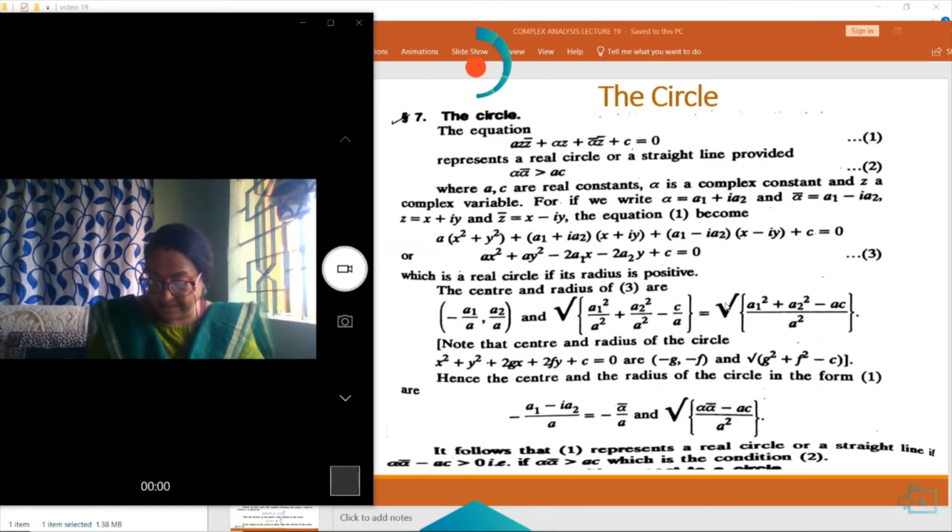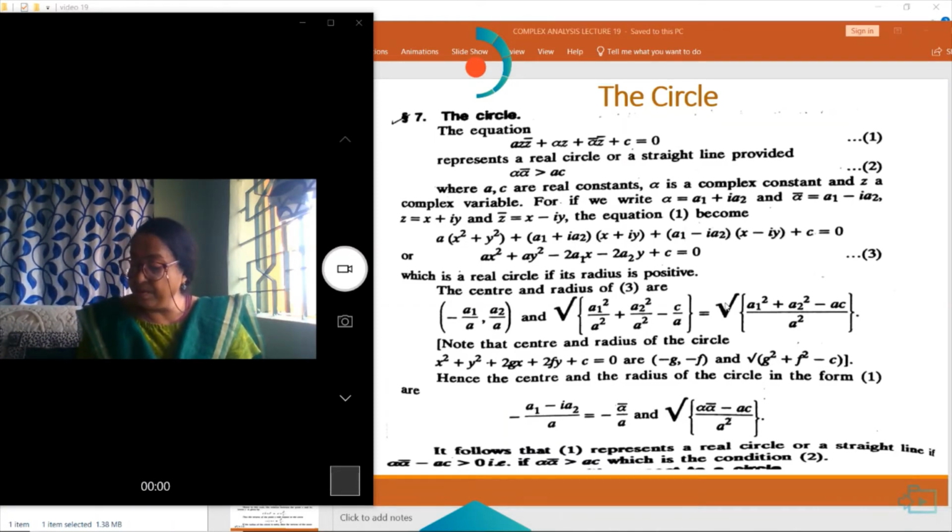The center is equal to minus (a1 minus i a2) by A, that is minus alpha bar by A, and the radius can be written as the square root of alpha alpha bar minus AC by A square.